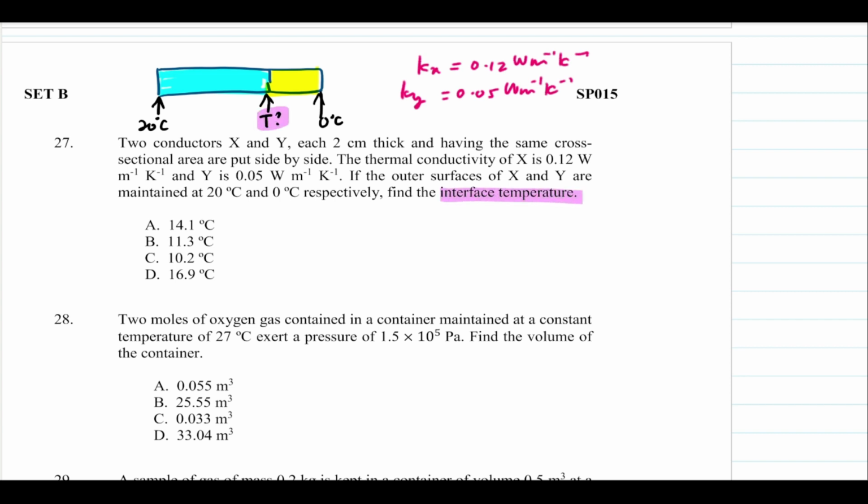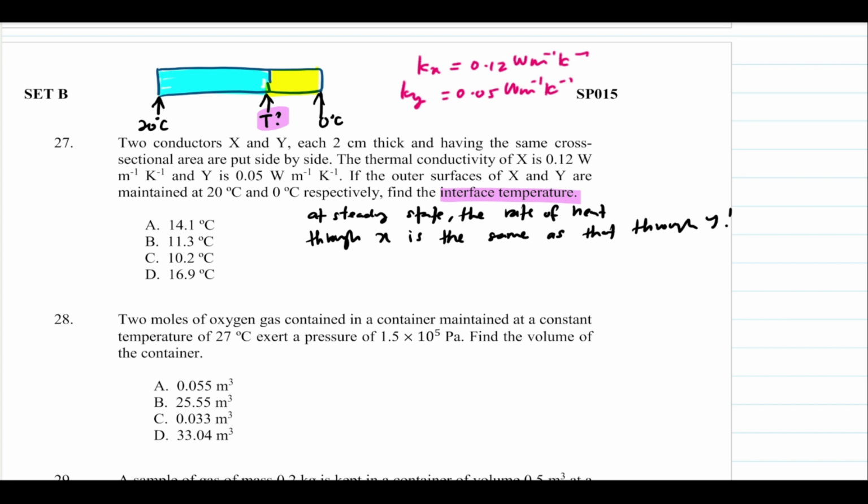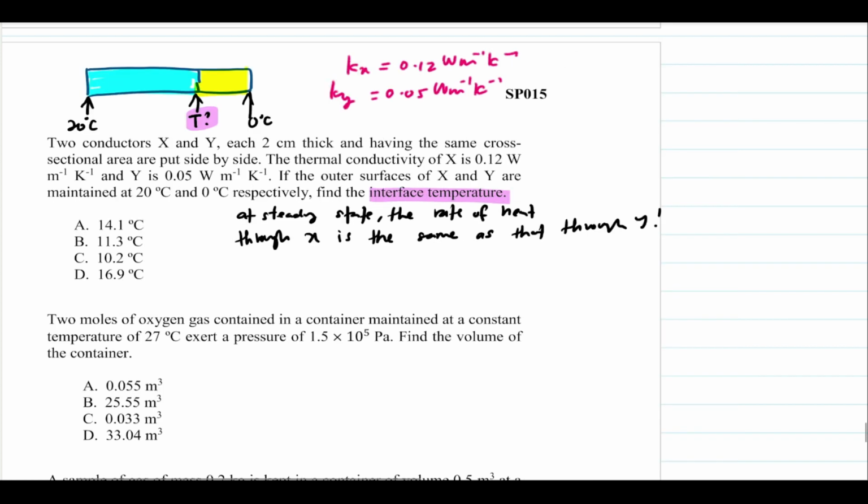So T, interface temperature. So kita mesti tahulah at steady state, okay, at steady state, the rate of heat through X is the same as that through Y. So kalau kita tulis, tulis kat tepi ni.